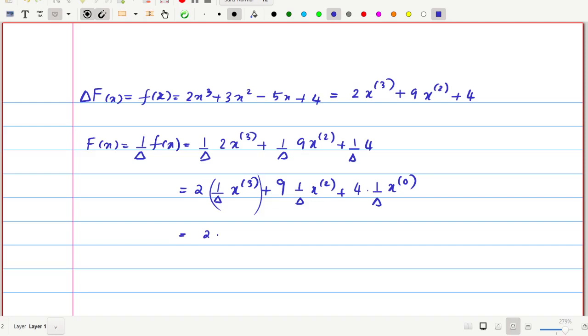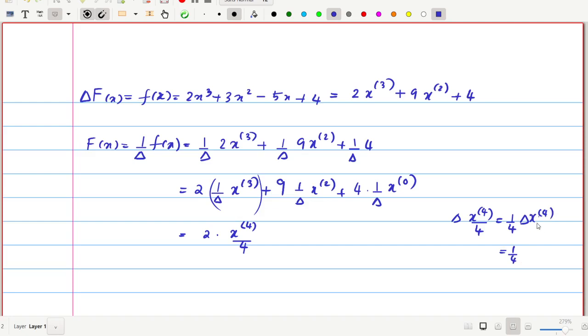So that is going to be 1 by delta of x^(3) equal to x^(4) by 4. We know, what is delta of x^(4) by 4? Our previous discussions show that delta of x^(4) by 4 will be 1 by 4 of delta of x^(4).